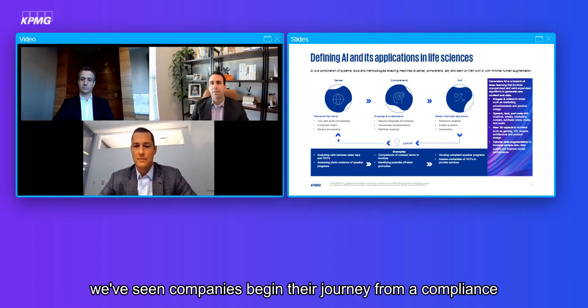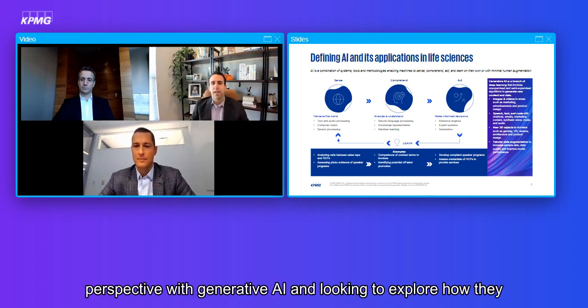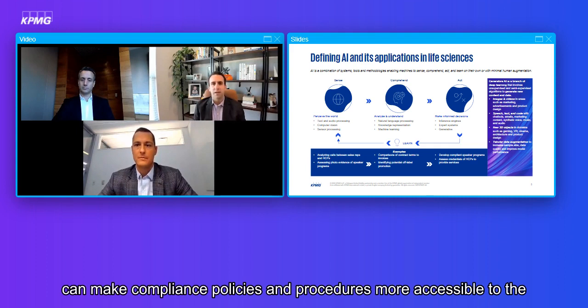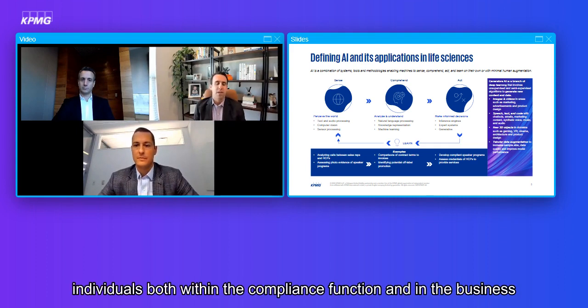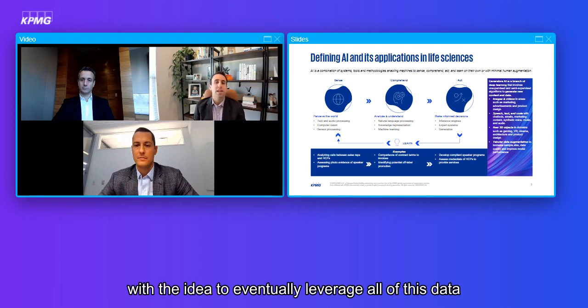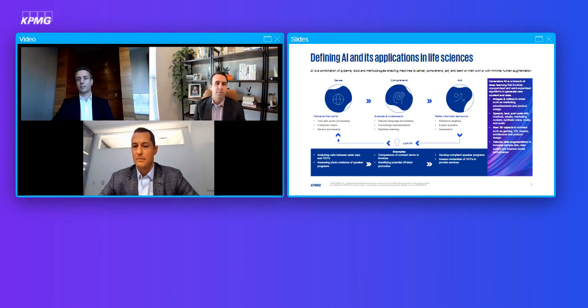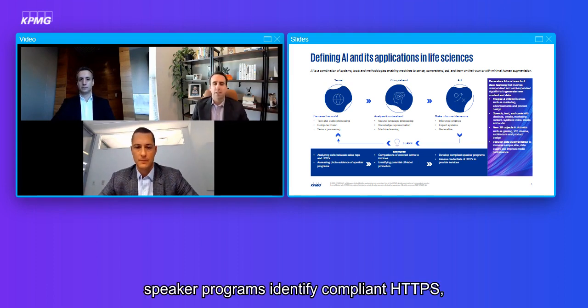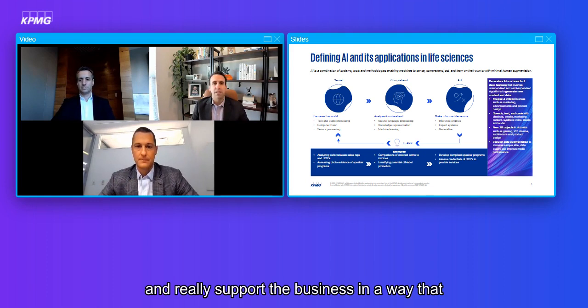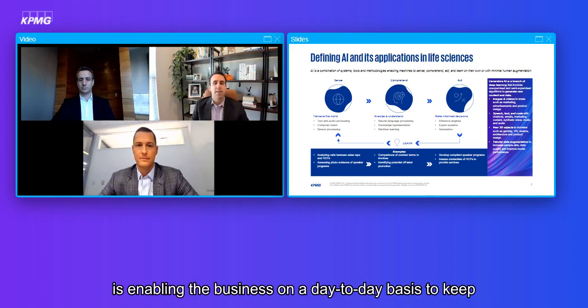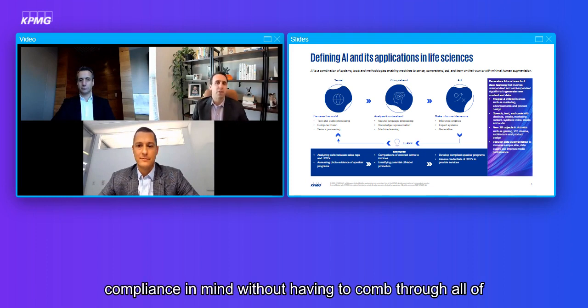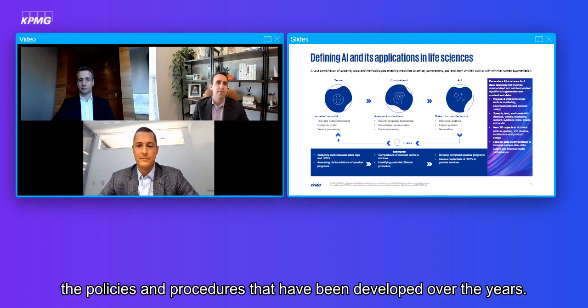We've seen companies begin their journey from a compliance perspective with generative AI and looking to explore how they can make compliance policies and procedures more accessible to the individuals, both within the compliance function and in the business, with the idea to eventually leverage all of this data and this emergent technology to help the business develop compliant activities, develop compliant speaker programs, identify compliant HCPs, qualified HCPs, and really support the business in a way that is enabling the business on a day-to-day basis to keep compliance in mind without having to comb through all of the policies and procedures that have been developed over the years.